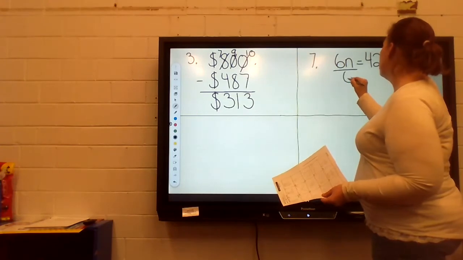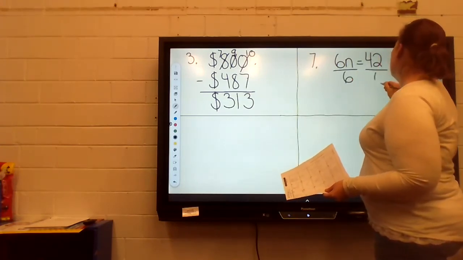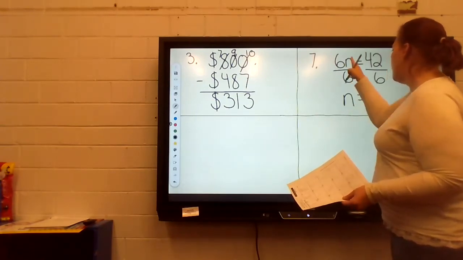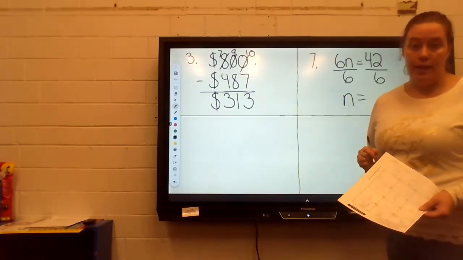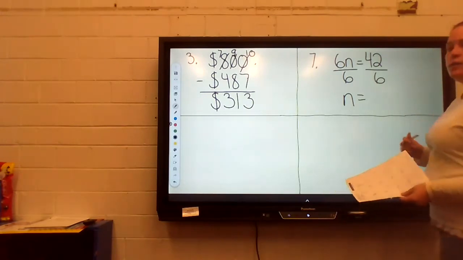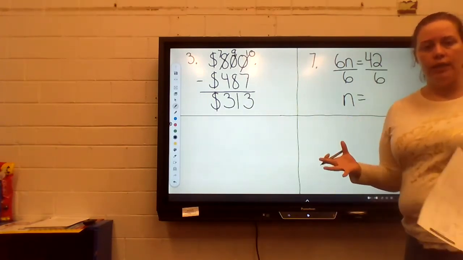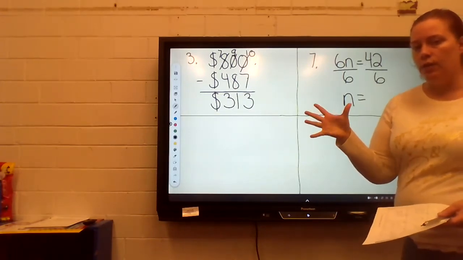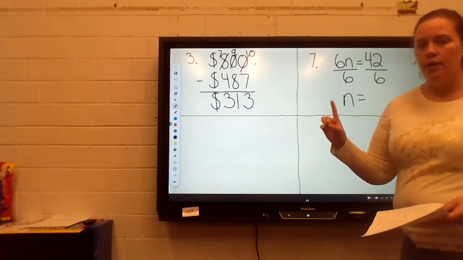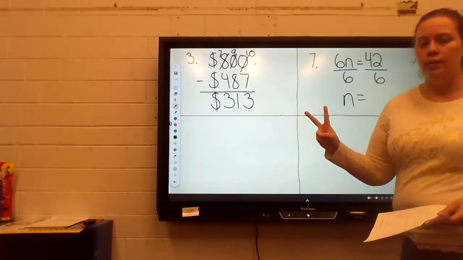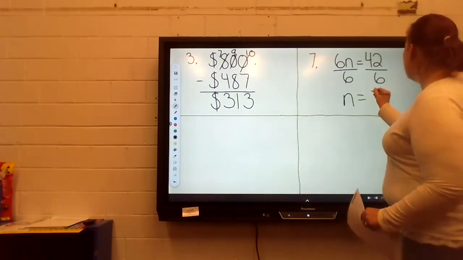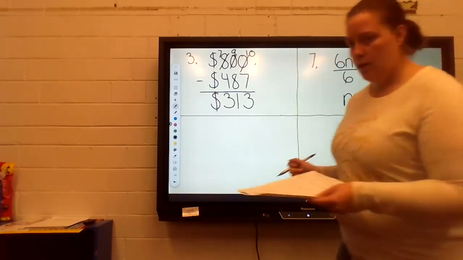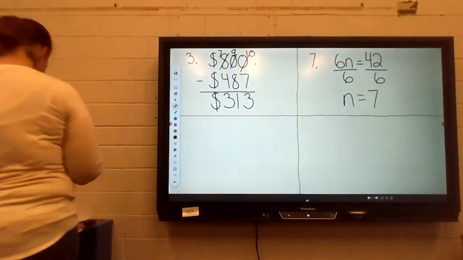So we have divided by 6 here and divided by 6 here. So all you're left with on this side is n, okay? So then if you think about it, 42 divided by 6, well, 6, 12, 18, 24, 30, 36, 42. So n equals 7. Hope that makes sense for you.